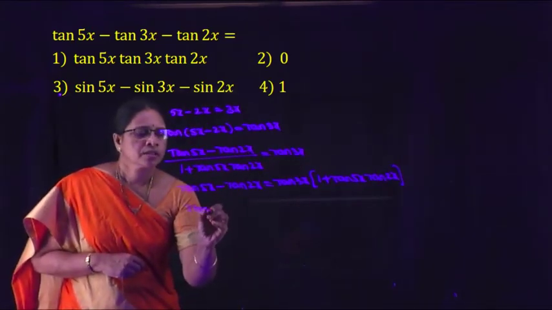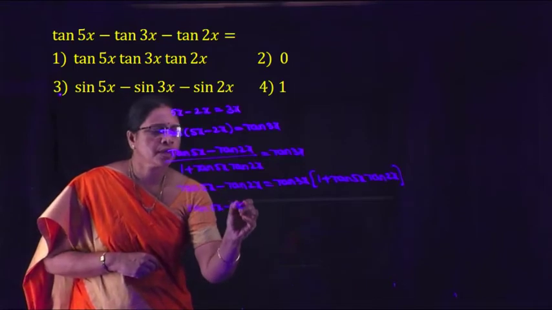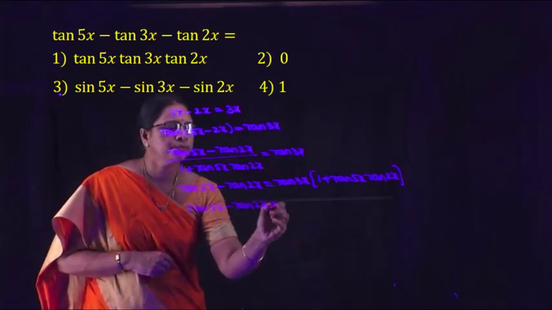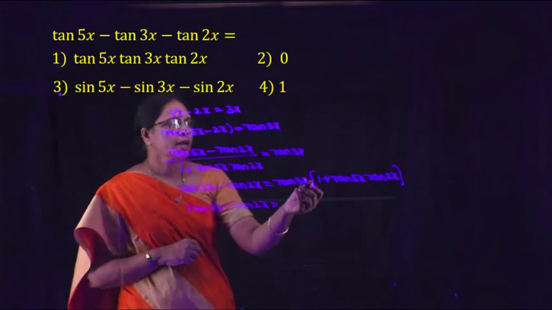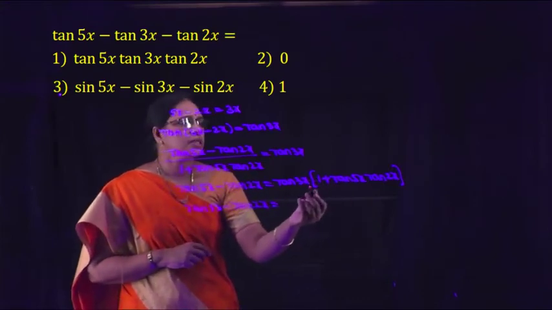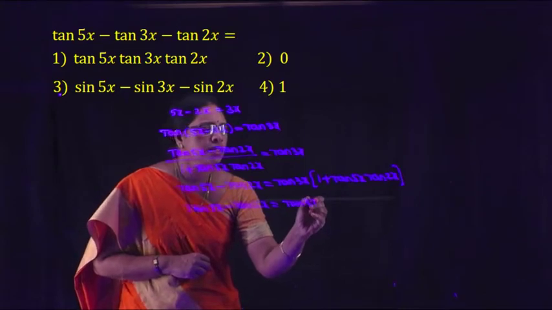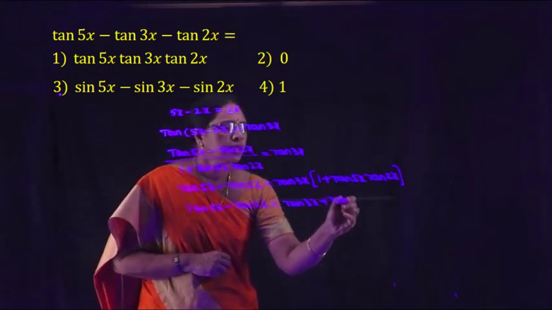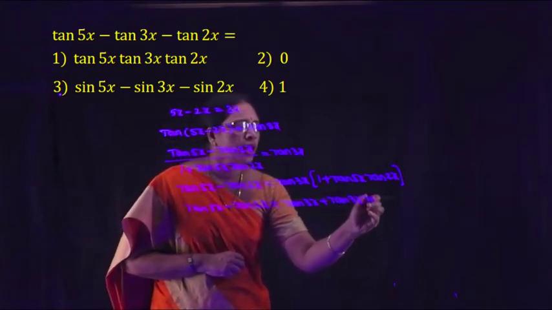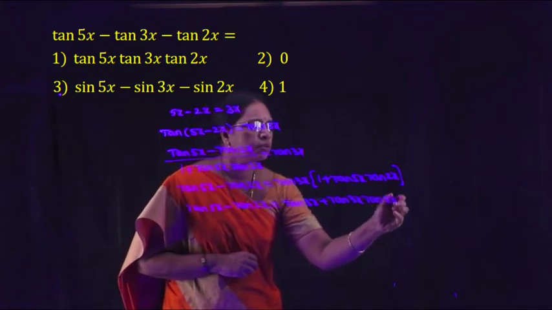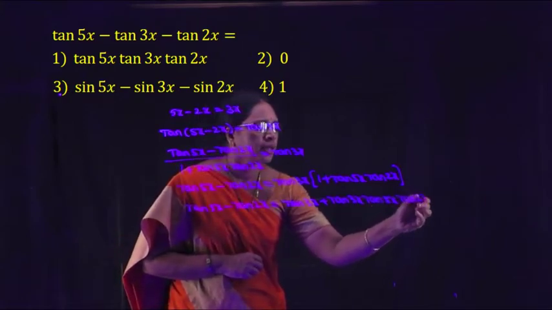Tan 5x minus tan 2x is equal to, multiplying tan 3x with the terms 1 plus tan 5x into tan 2x, we get tan 3x plus tan 3x into tan 5x into tan 2x.